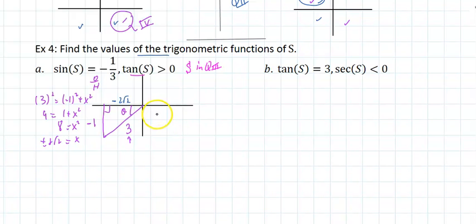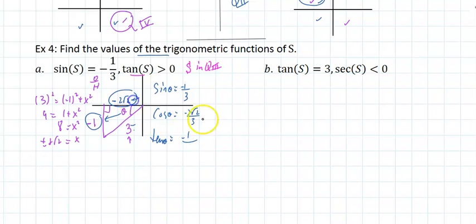So if I was to say, what's the sine of theta? Wouldn't that be the opposite over the hypotenuse? And it's negative. What's the cosine of theta? Cosine of theta is the adjacent divided by the hypotenuse. And the tan of theta would be the opposite over the adjacent, those cancel out.